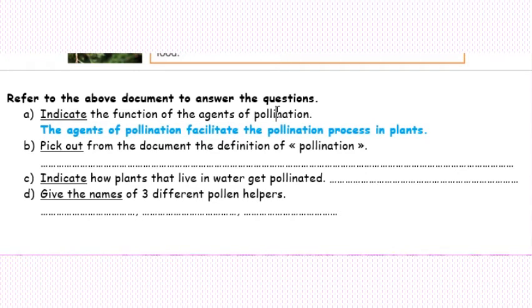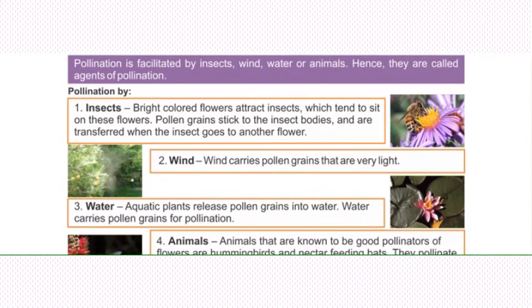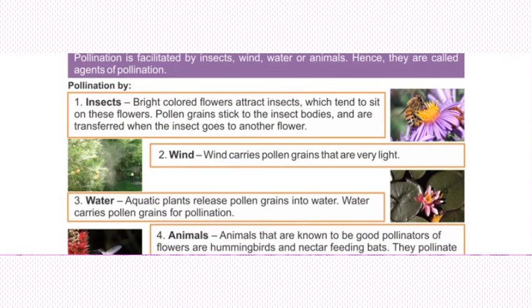Pick out from the document the definition of pollination. We all know the definition or what pollination means, but we should take it from the text. Let's read. Insects, bright-colored flowers attract insects which tend to sit on these flowers. Pollen grains stick to the insect bodies and are transferred when the insect goes to another flower.